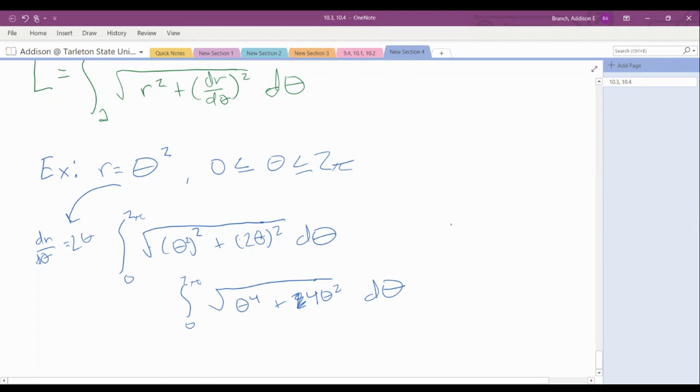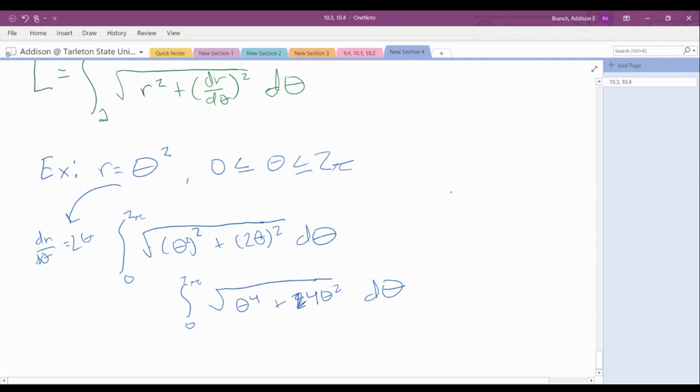These problems are usually just plug and chug. They don't tend to get super complicated. Areas can get kind of tricky, and especially with areas, I would recommend doing a lot of practice problems.